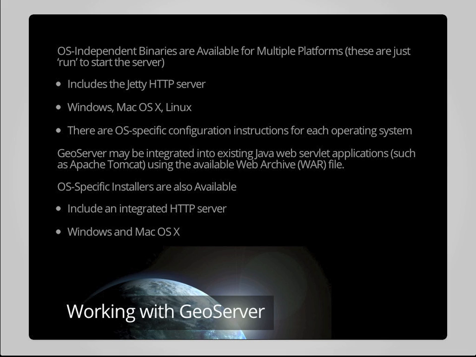And finally, there are operating system specific installers that can also be used that typically include an integrated web server and the necessary mapping software components, where these operating specific installers are also available for Macintosh and Windows servers.